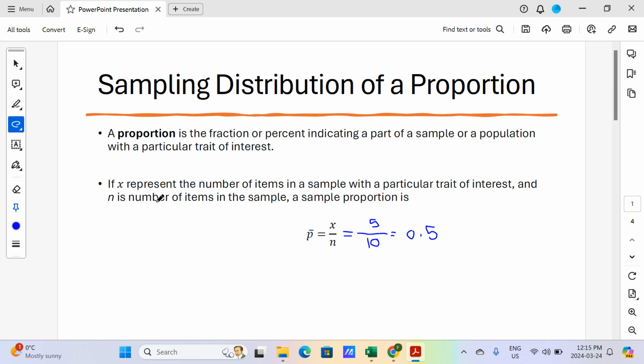But what happens if x is the number of items with a particular trait of interest in a population?